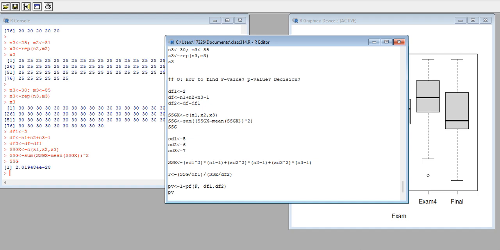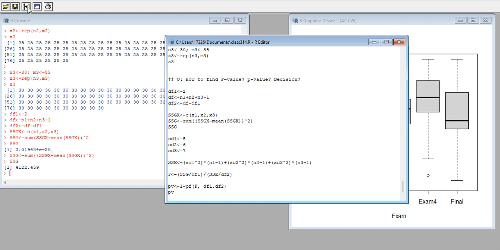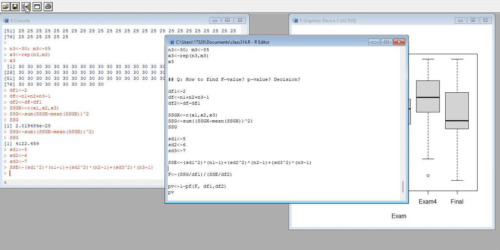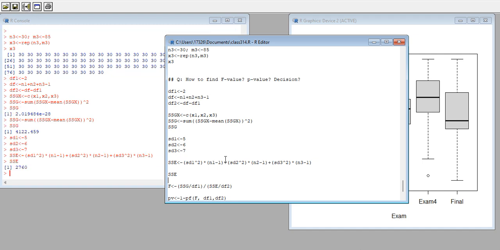Let's do it again. Oh, this makes sense, right? Okay. So SSD and SSE, we also need to check. Maybe for ourselves, we need to check whether the SSE number is okay. Oh yes, this is okay.